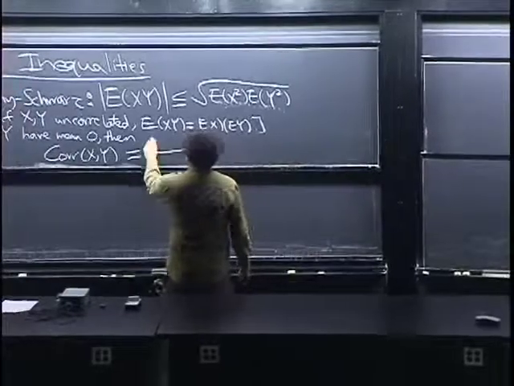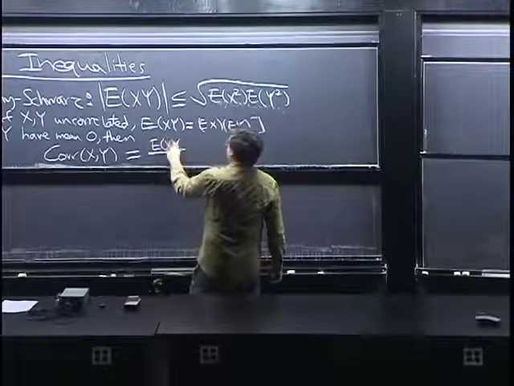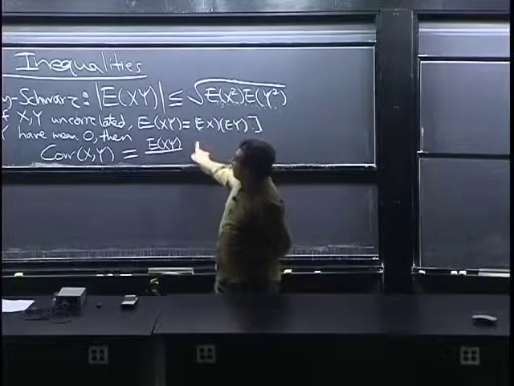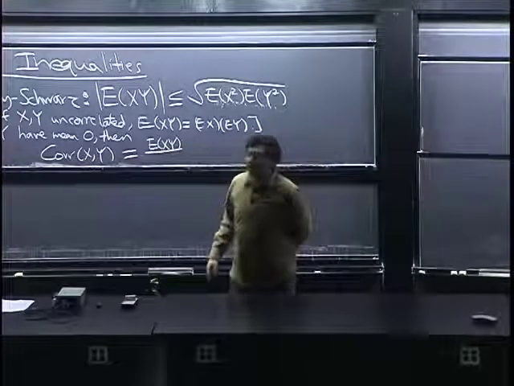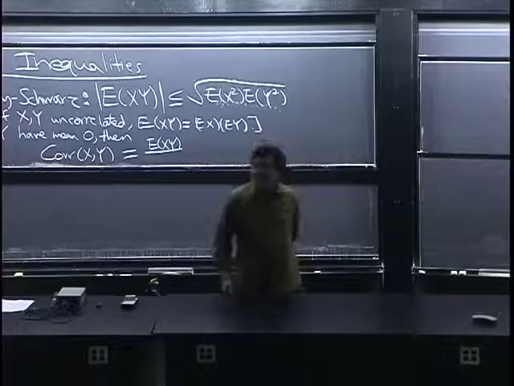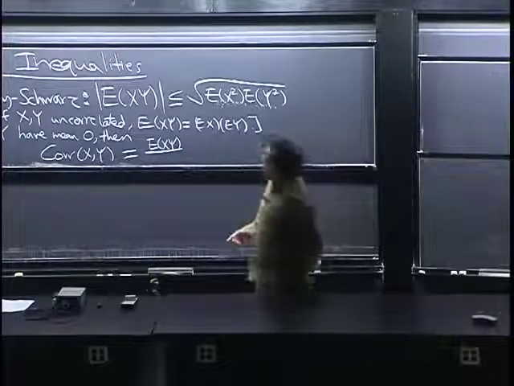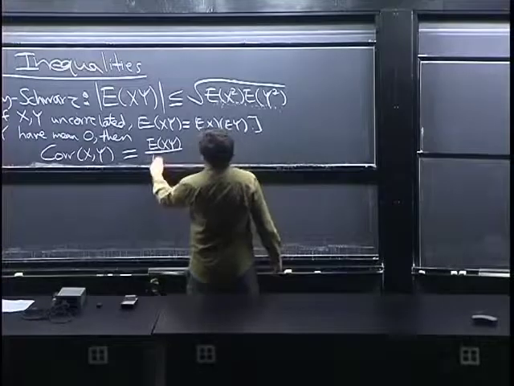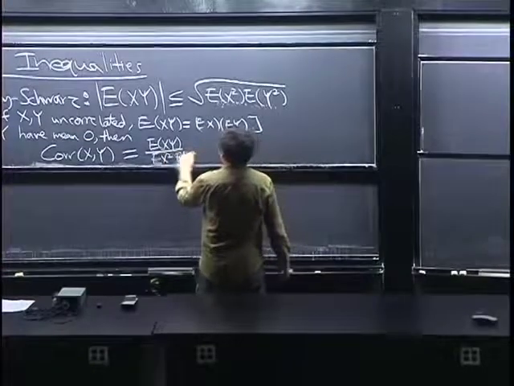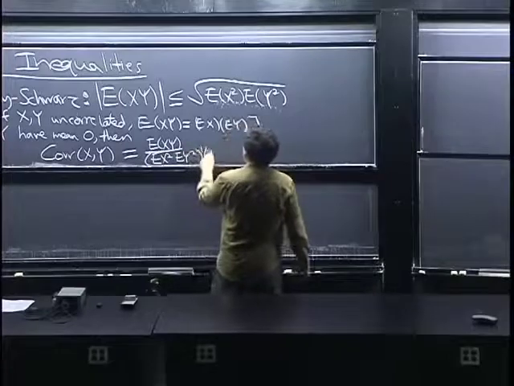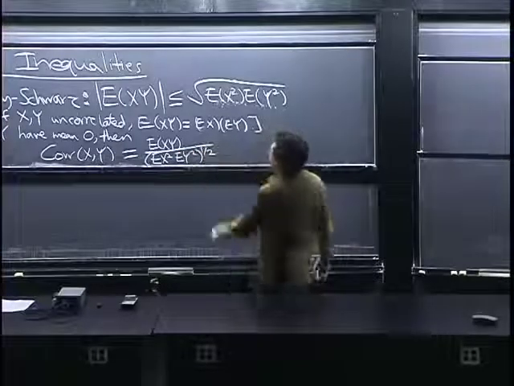So the covariance is E of xy minus E of x, E of y, but I'm assuming mean 0. So this is the covariance. And then I divide by the product of standard deviations, but the variance of x is just E of x squared because it has mean 0. So we just do E of x squared, E of y squared, square root. That would be the correlation.